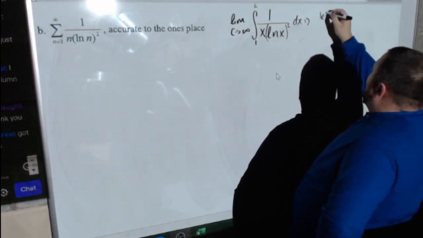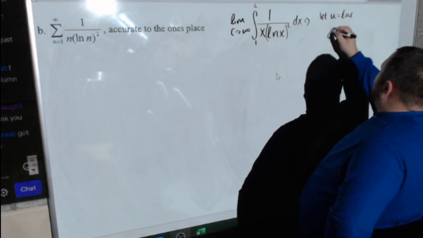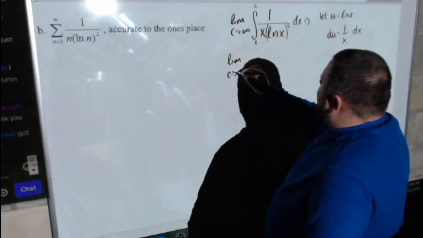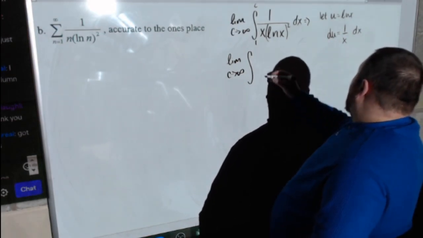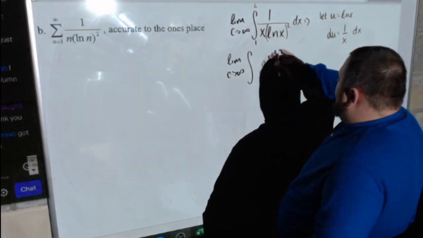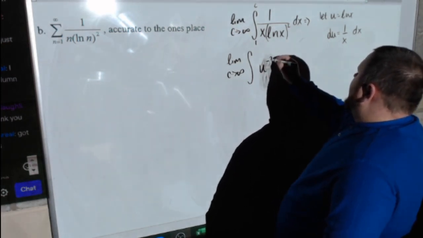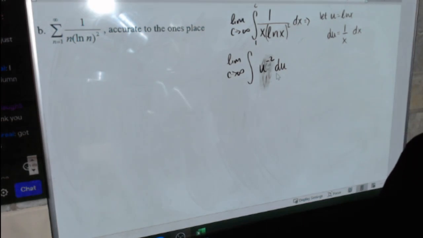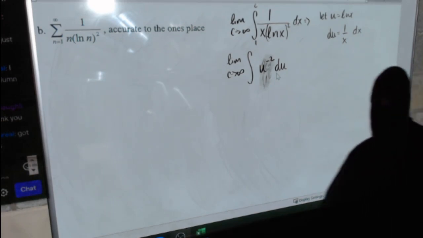So I'm going to let u equal log. du is going to be 1 over x dx. So this is limit, c approaches infinity. This is now going to be du over u squared, or u to the minus 2 du. So integrate that.